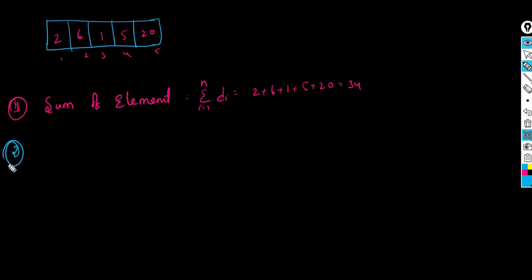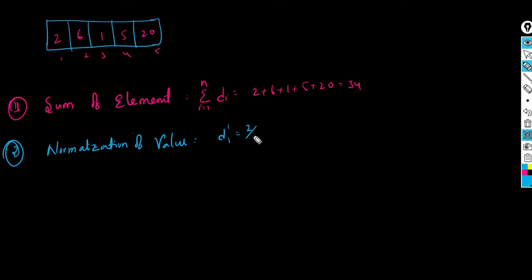In the next step, we are going to normalize these values. In the normalization, let's take the first term, d1 dash.